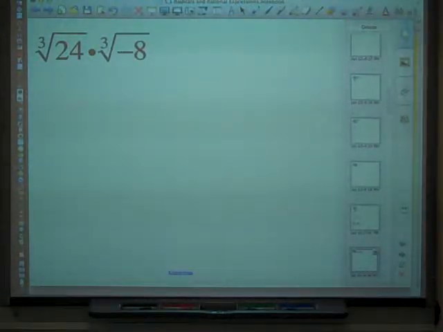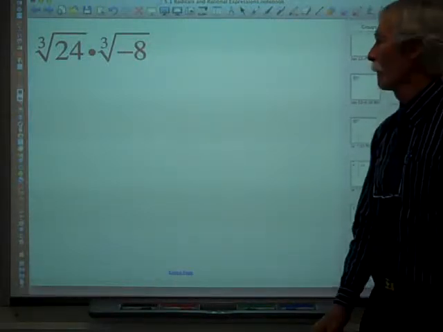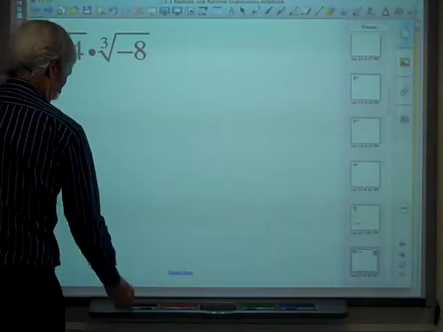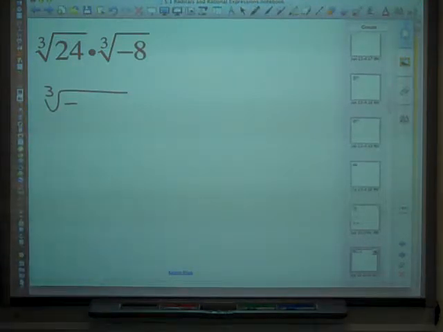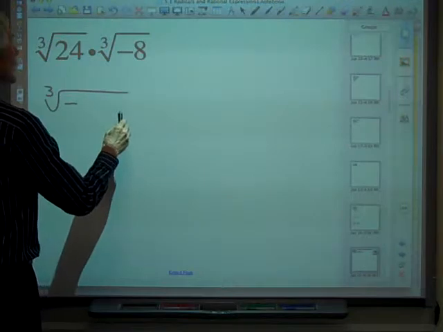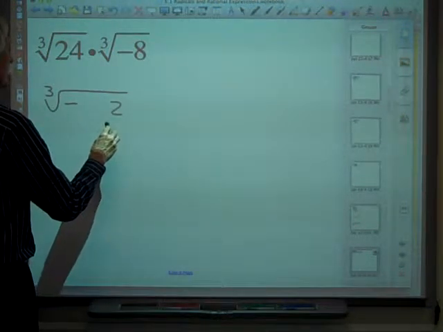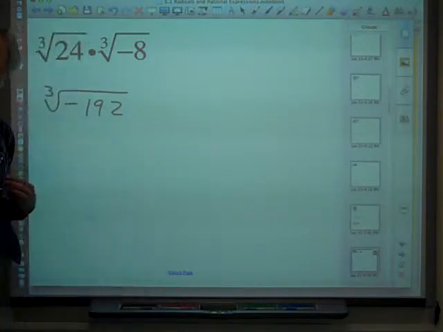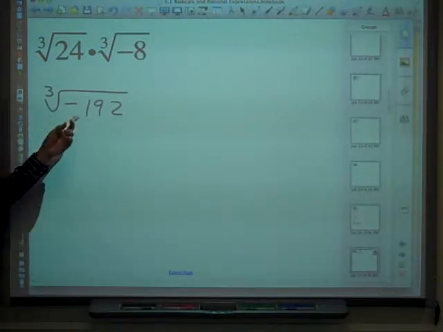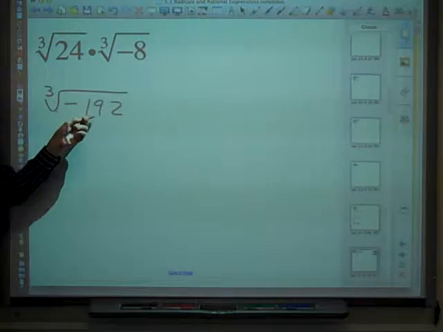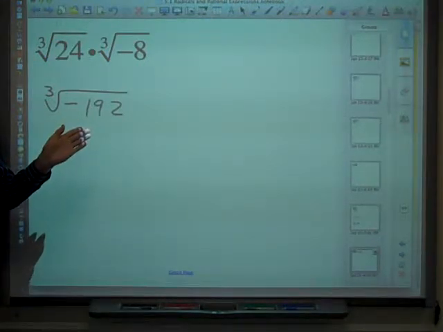Cube roots. There you go. Is the cube root of a negative number imaginary, or is it okay?